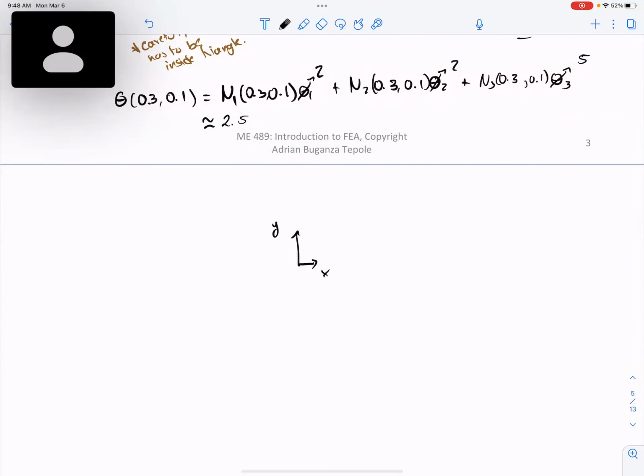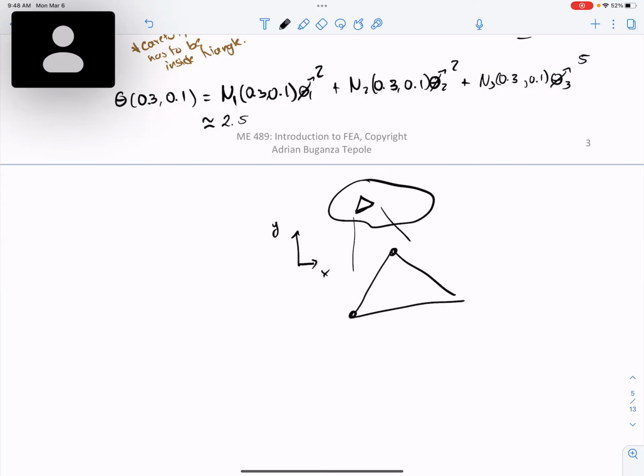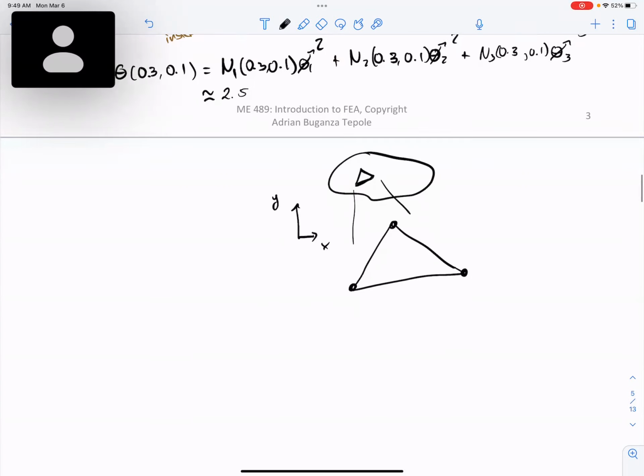And we have our object, and we have triangles here in XY space. Let me zoom in. So we have some triangle in XY space. And the problem is that it's very difficult to do integrals in XY space. It's very difficult to define the shape functions in XY space. So what we are going to do is map that triangle to another space, which you can already imagine.